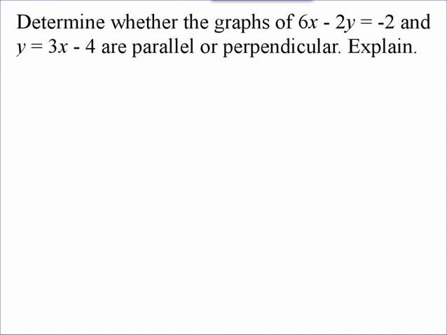Now, determine whether the graphs of 6x minus 2y equals negative 2 and y equals 3x minus 4 are parallel or perpendicular. Explain. I'm going to give you about a minute and a half in your groups. Come up with an answer.